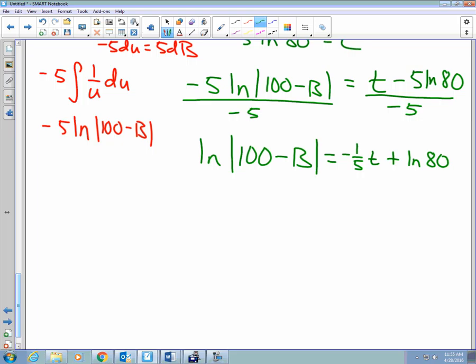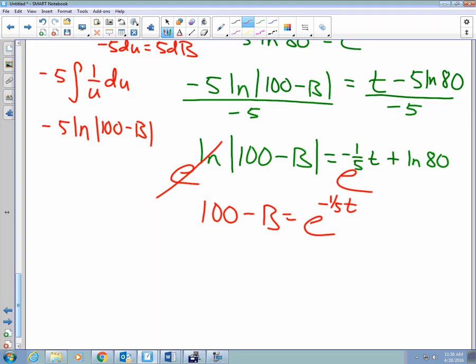What do I have to get rid of now? So I get rid of the natural log. Base of e. Do base of e, this goes away. I'm left with 100 minus b equal to e to the negative 1/5 t. I'm not going to write the plus natural log of 80. What will I write instead? Times e to the natural log of 80. What happens with that e to the natural log of 80?